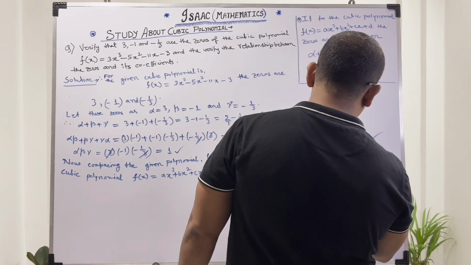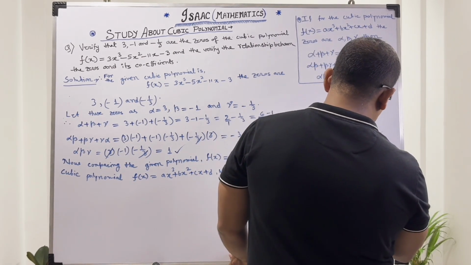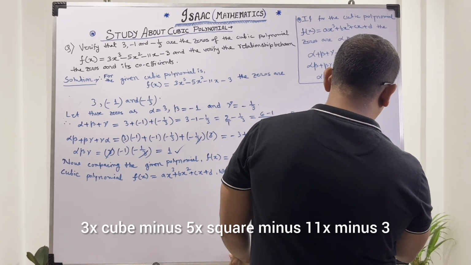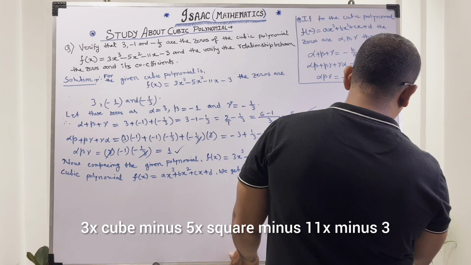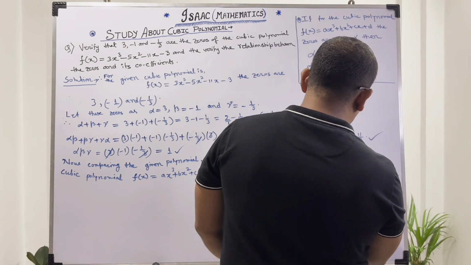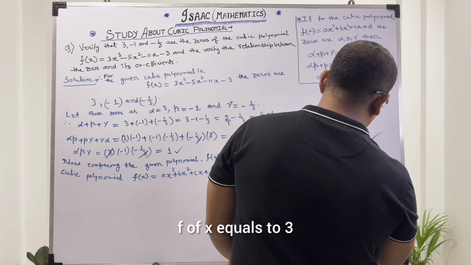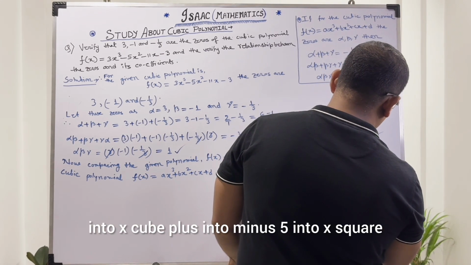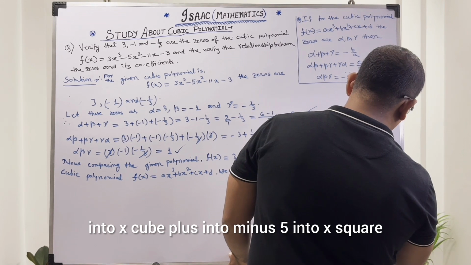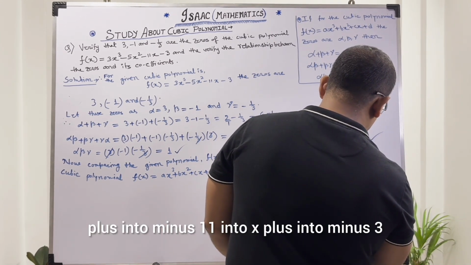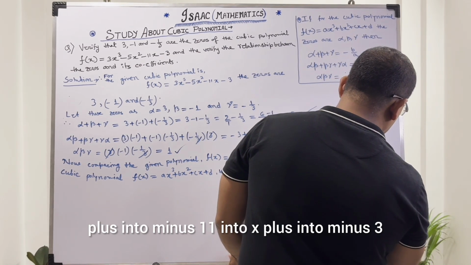Since f of x equals to 3x cube minus 5x squared minus 11x minus 3 can be written as f of x equals to 3 into x cube plus into minus 5 into x squared plus into minus 11 into x plus into minus 3.